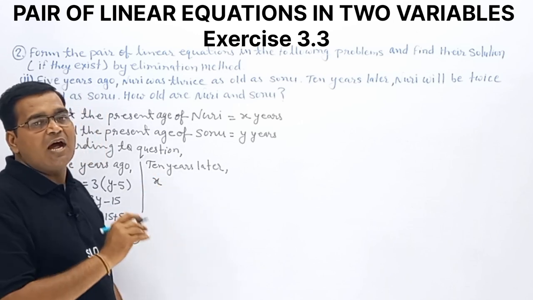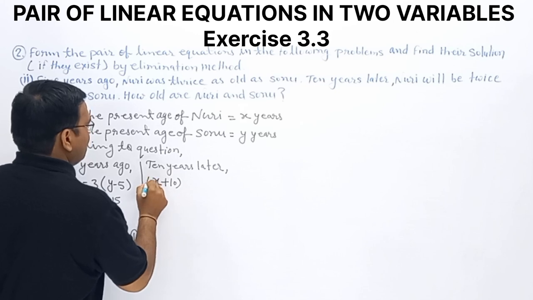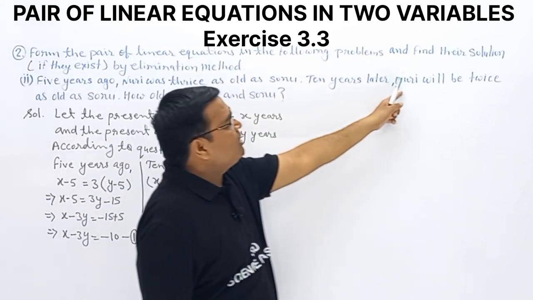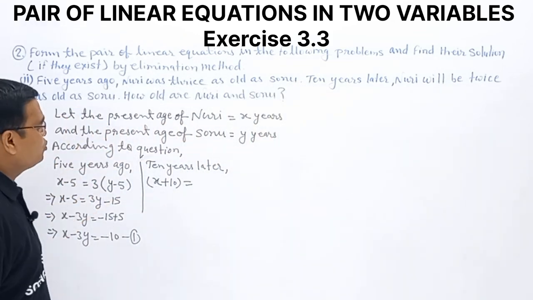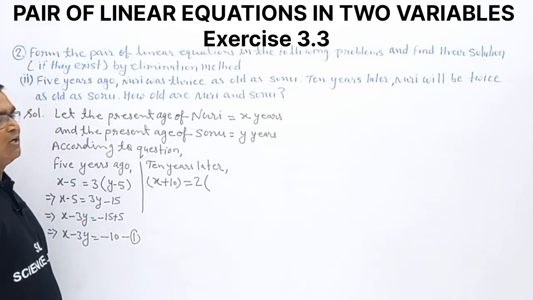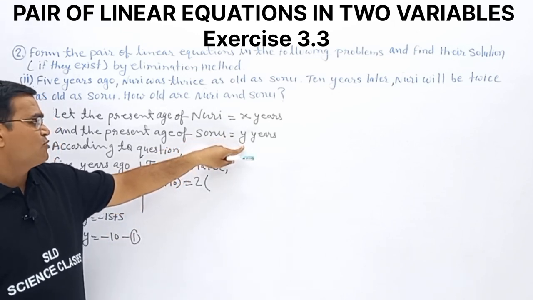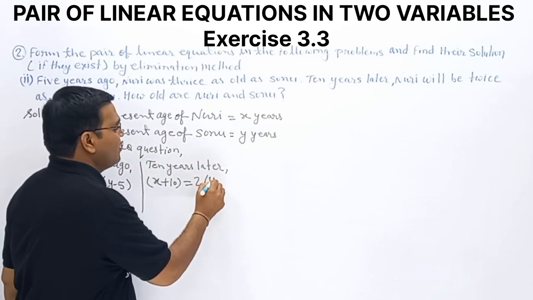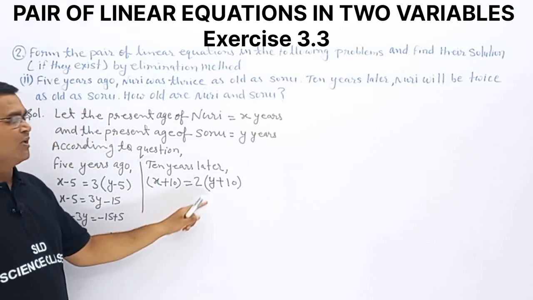Nuri's age after 10 years will be x plus 10, equal to twice the age of Sonu. Twice means 2 times. The present age of Sonu is y years, so after 10 years, Sonu's age will be y plus 10. This will be the given situation.